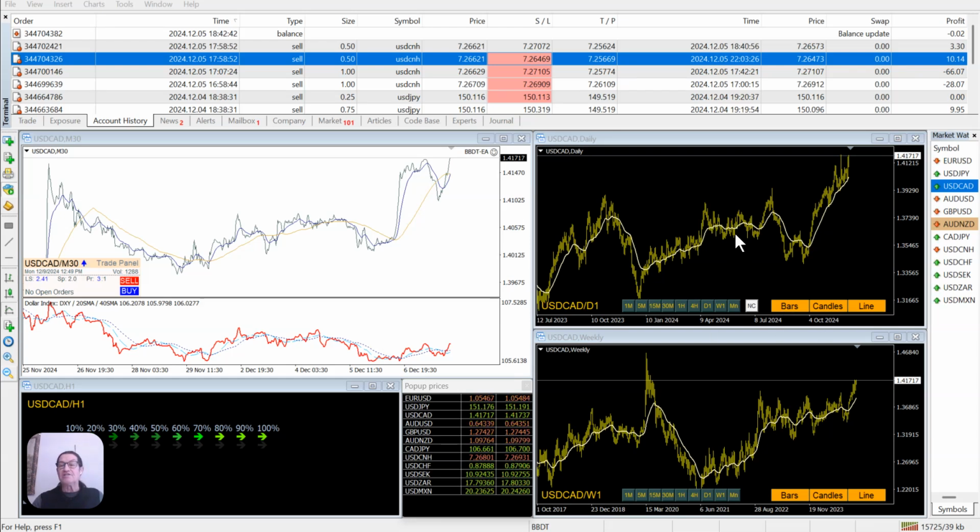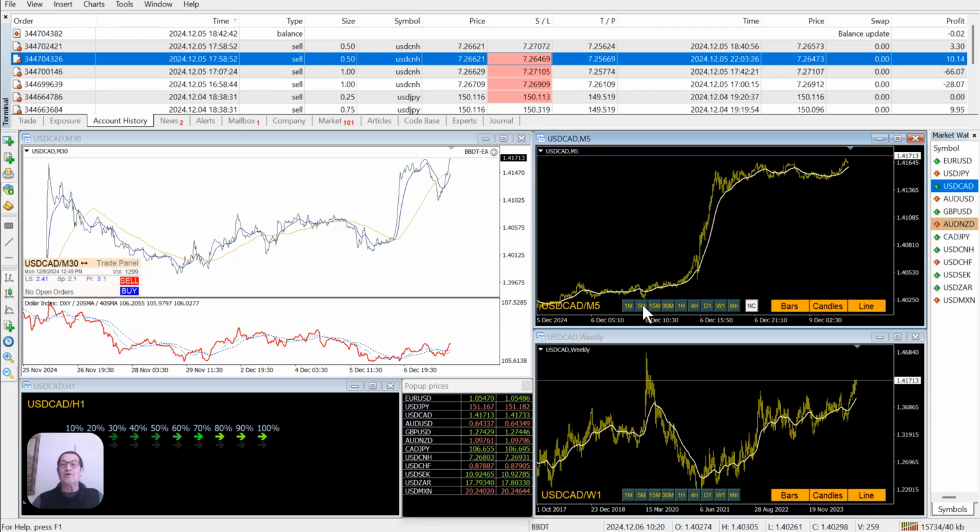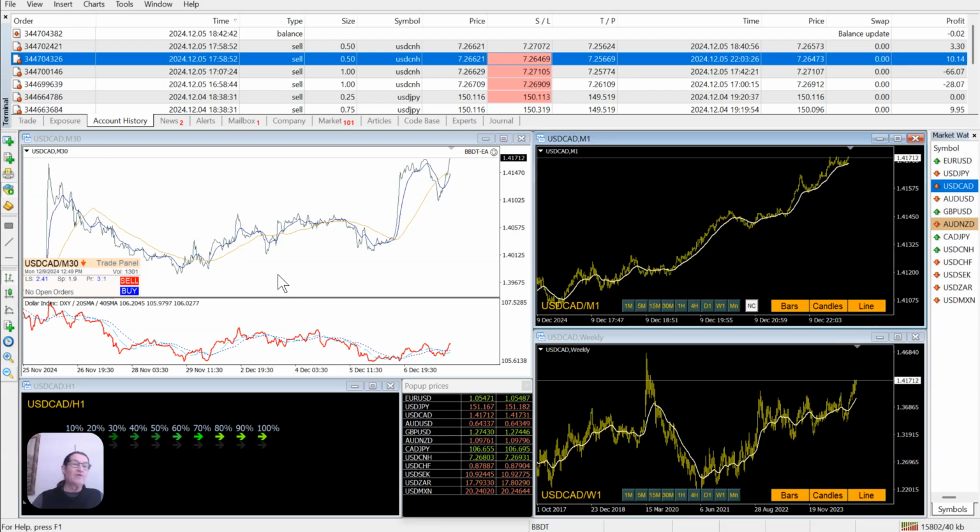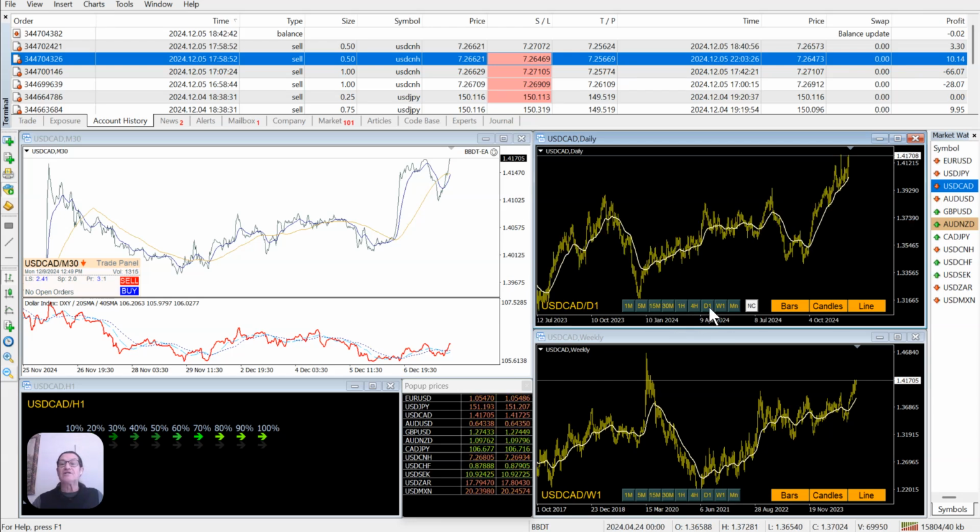On these charts, I have special indicators that I'm running. This is all one indicator, by the way, that allows me to quickly change time frames without having to go all the way over to this side of the window, click on this little clock, choose what I want, go back. This is so much easier and so much faster.